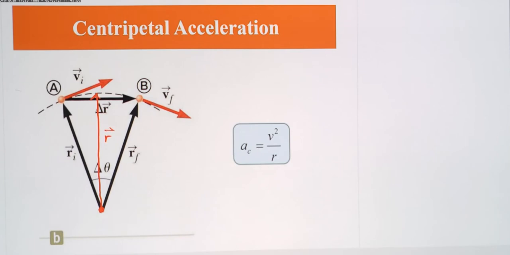Well, acceleration is towards the center, and I want to run away from that acceleration, so I go in the opposite direction. It's like when I brake, acceleration is backward, I go forward. When I accelerate in my car, acceleration is forward, I go backward. So we always feel the motion opposing the centripetal acceleration.